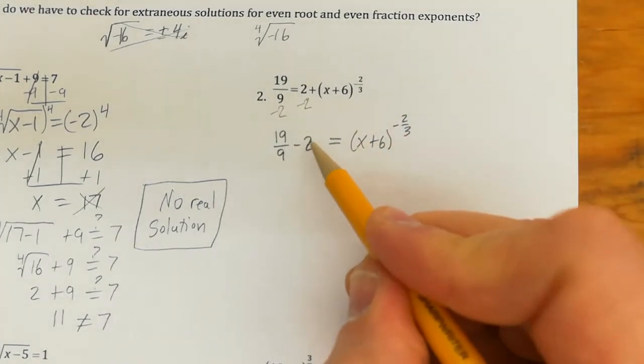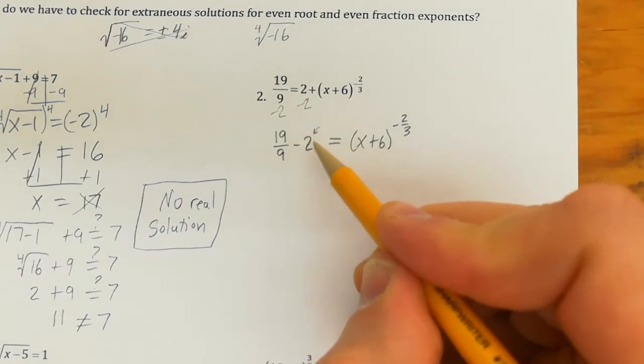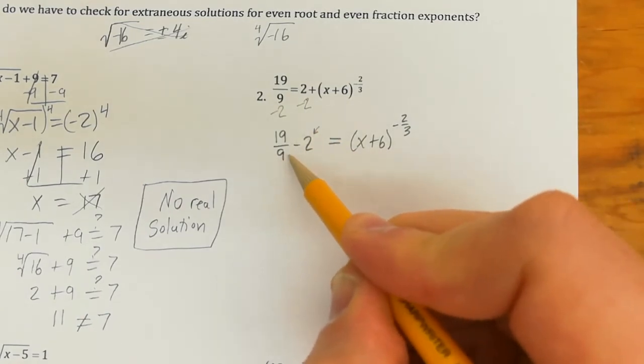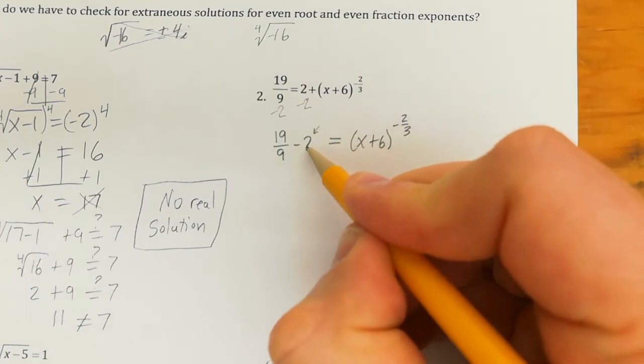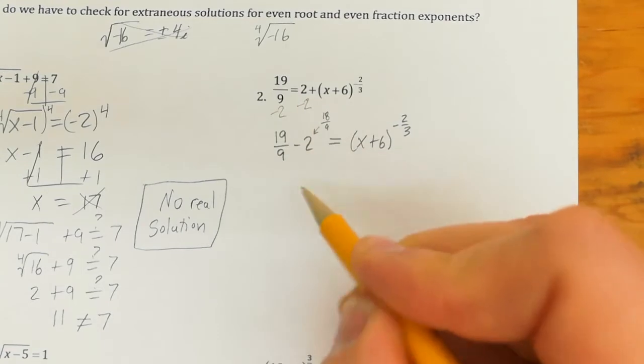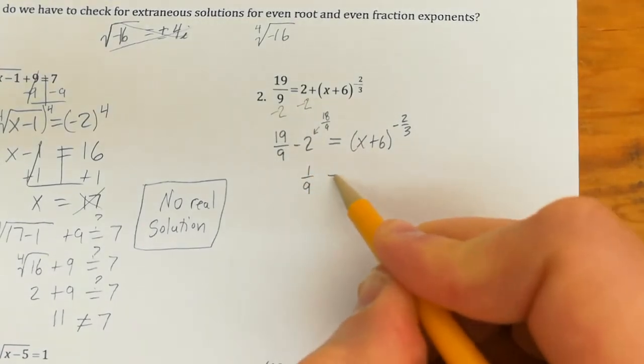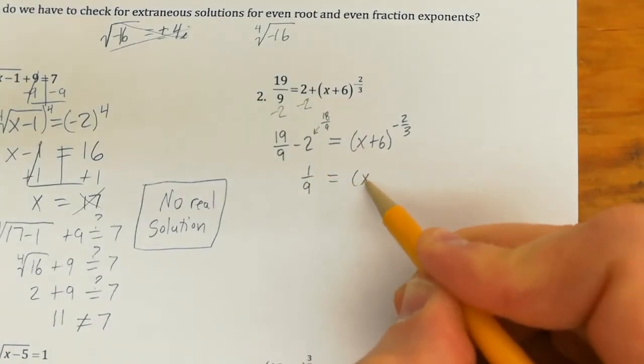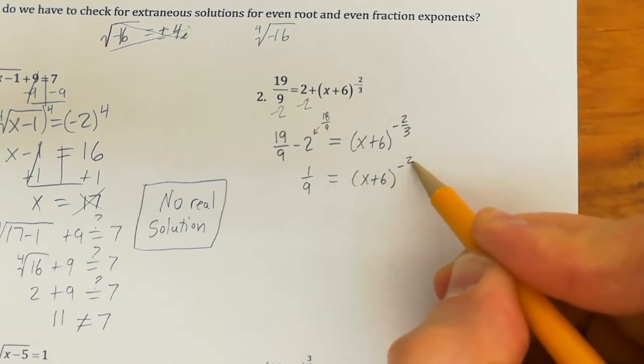And now this I could think of as, if I want to get a common denominator, 18 over 9, right? So if I'm taking away 18 over 9 from 19 over 9, I'm going to end up with 1/9. So I have 1/9 equals x plus 6 to the negative 2/3.